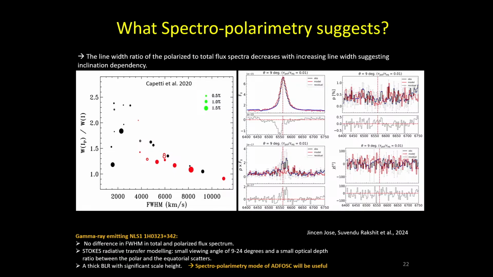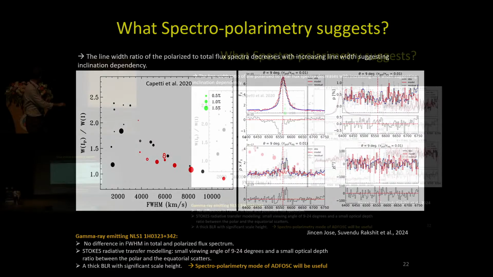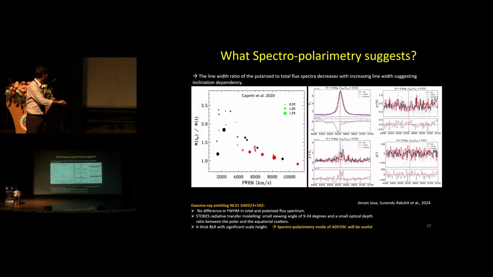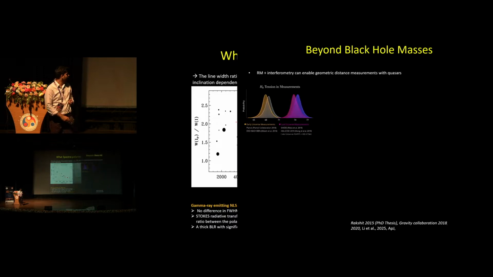This particular object is a classical and the best known gamma ray emitting narrow line Seyfert 1, which is emitting gamma rays but hosting only a million solar mass black hole. For this object we don't see any difference between the flux and polarized spectra, and using additive transfer Stokes modeling, we found that the geometry of this BLR is kind of thick, even though it is viewed face on.